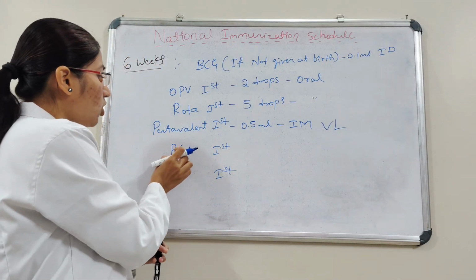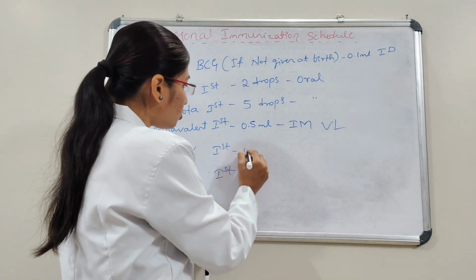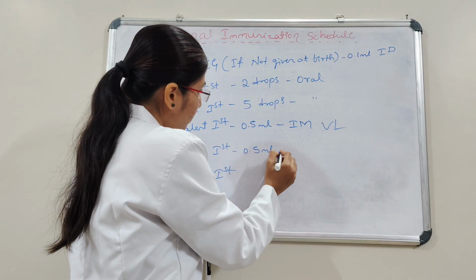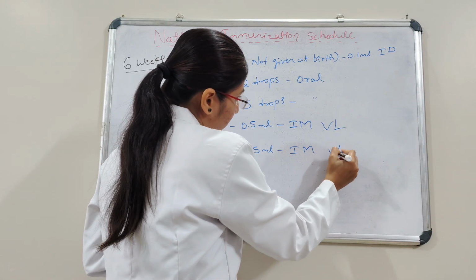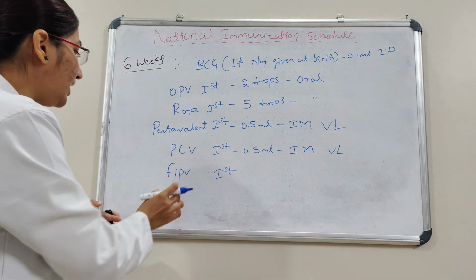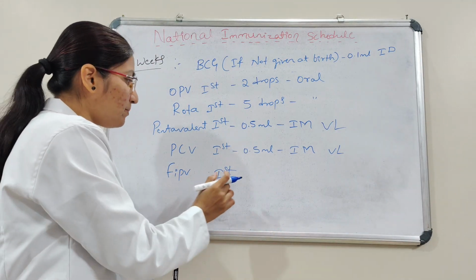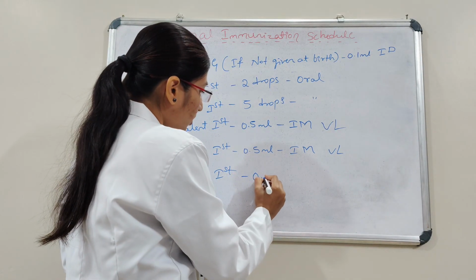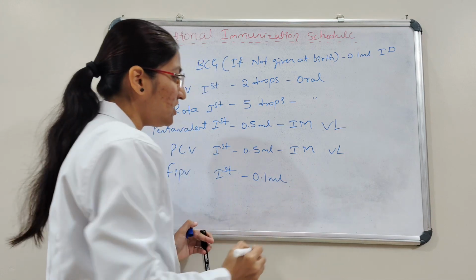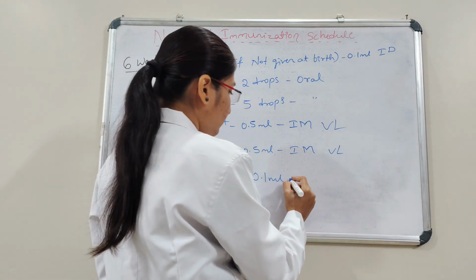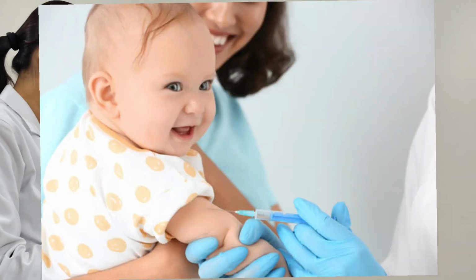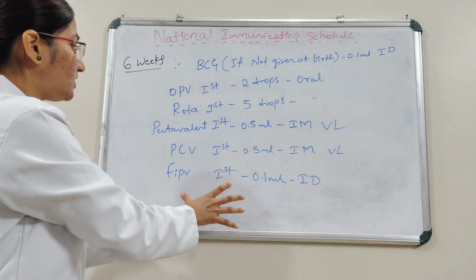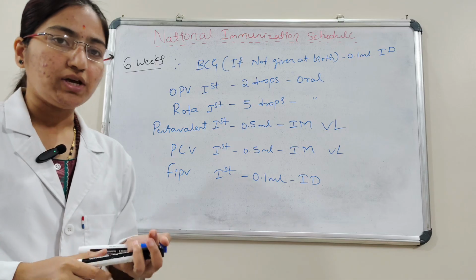And then pneumococcal conjugated vaccine is 0.5 ml through the IM, that is also in the vastus lateralis muscle only. And then FIPV is 0.1 ml, through the intradermal route. These all vaccines have to be given at 6 weeks.